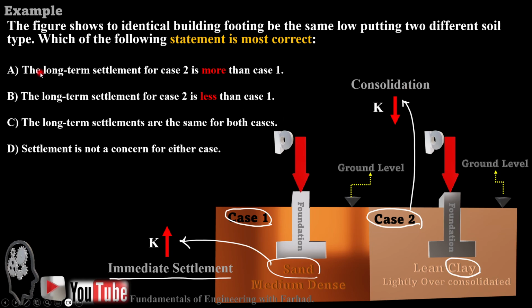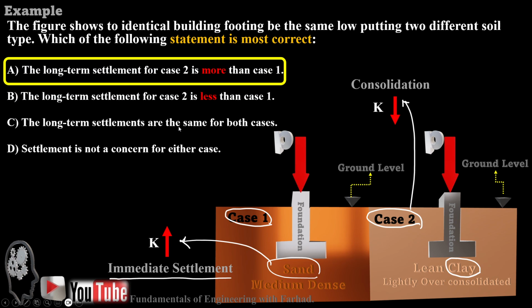So if we talk about the long-term settlement, it is more pronounced in clay soil. So the long-term settlement for case 2 is more than case 1, and that's the obvious correct answer. So that's our correct answer.